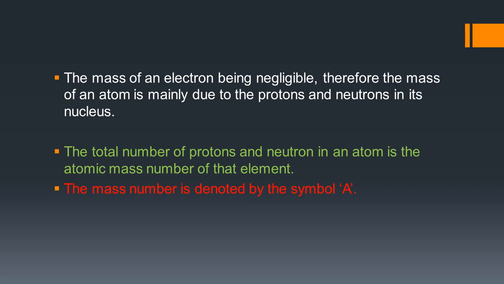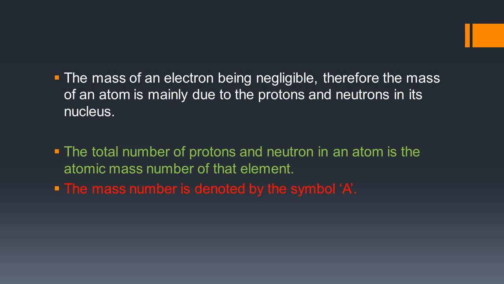Students, in our previous session we have seen that the mass of an electron is 1800 times less than that of the hydrogen atom. That's why the mass of an electron is negligible and the mass of an atom is due to protons and neutrons.